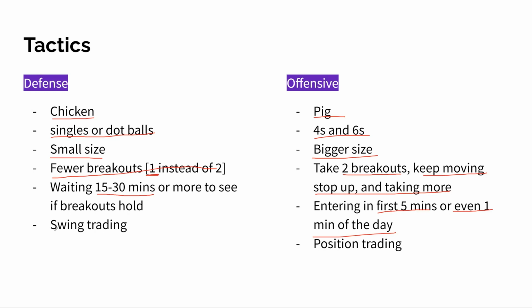Now, in terms of selling tactics, if I'm coming in with a defensive situational awareness, then I only want to do swing trades. So I'm going to sell into strength, book some at 2 hour, book some at 3 to 5 days, move the stop up very aggressively just to protect my stock. And if I've come into the day knowing that I want to play offense, that the odds of breakouts working are very high, then I would take position trades.